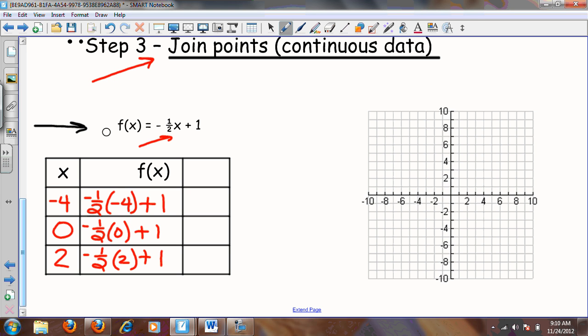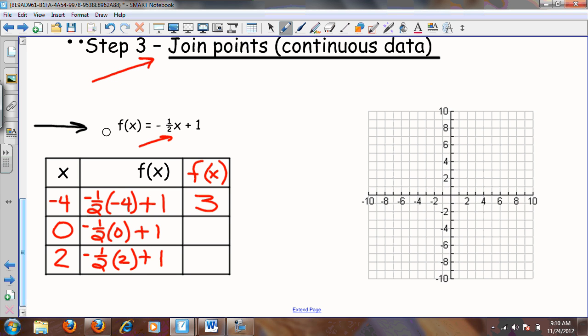Hopefully we can do some of this as mental math. As we get to more complex functions, we may need more pencil and paper time. But -1/2 times -4, half of 4 is 2. A negative times a negative is a positive. 2 plus 1 is 3. So my f of x value is 3.